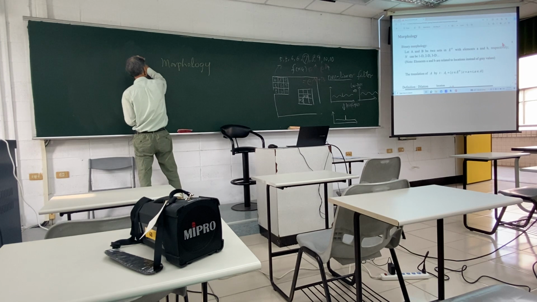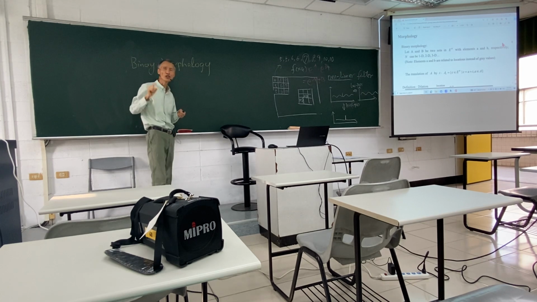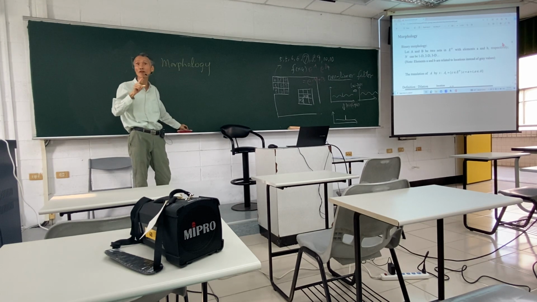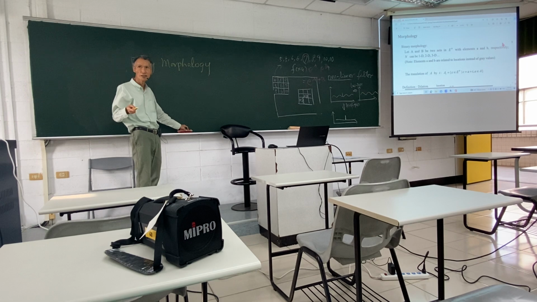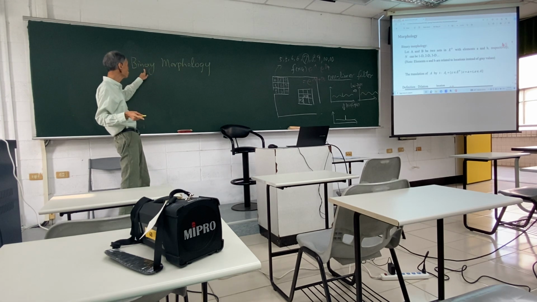We're starting with binary morphology, which means you need to apply thresholding first. If we go for a color image, you need to convert the color image to a gray level image, and then by thresholding, we can convert it to a binary image.